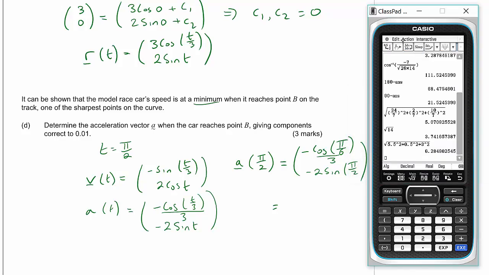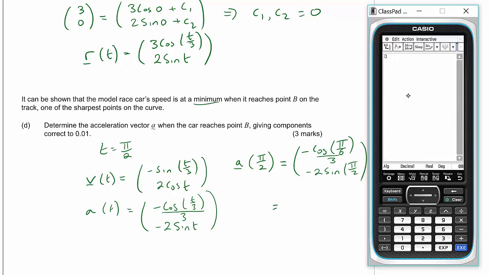So let's just clear my main screen. So we just need to evaluate this one. The bottom one is obviously just negative 2, because sine of pi by 2 is 1. And we want this to 2 decimal places.